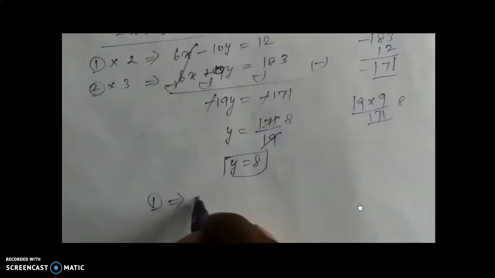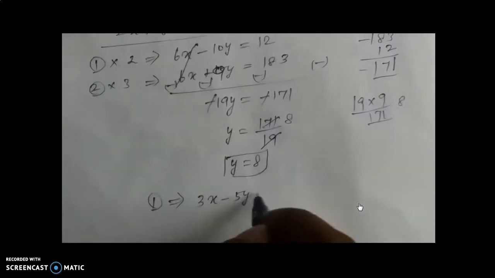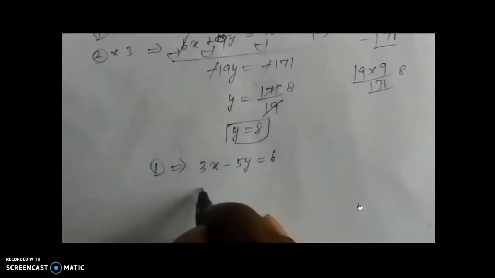I am going to take equation number 1: 3x minus 5y equals 6. Substitute the y value here.